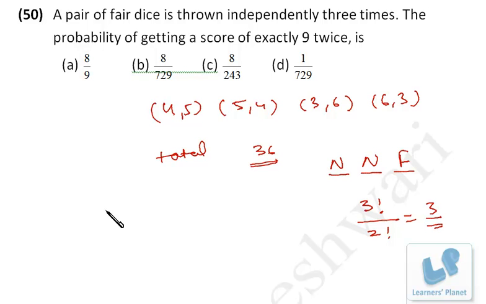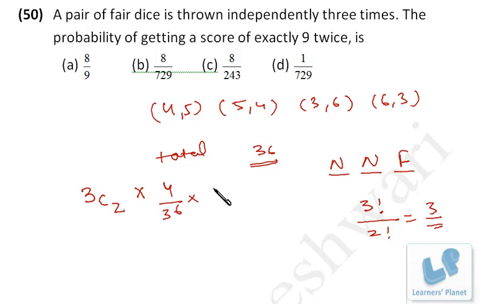Or else we can think, see, if we are throwing the dice 3 times, we want 9 to be for 2 times. So the combinations of getting 9 two times is 3C2, right? Now for the remaining third time, any other sum can be there. There are a total of 36 choices. So for one throw, the probability of getting 9 will be 4 by 36.